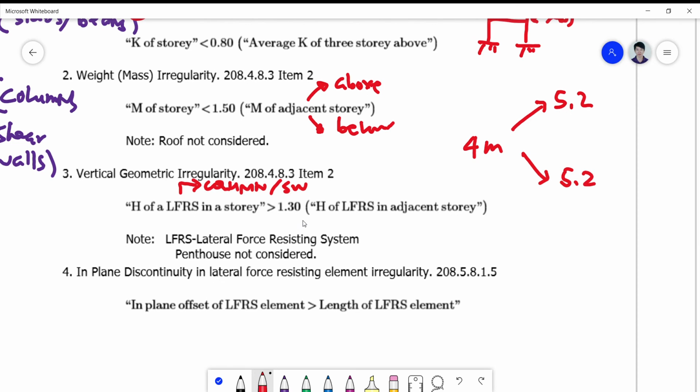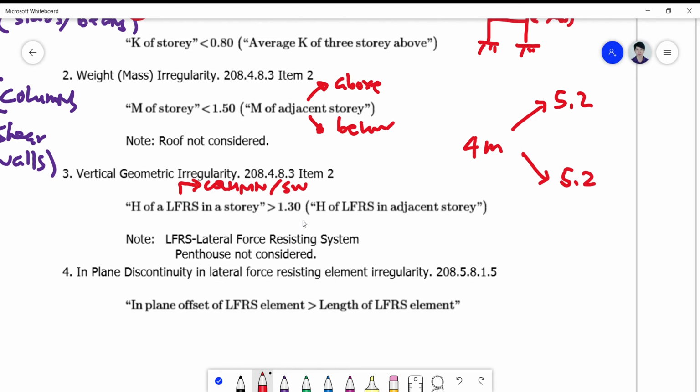Okay. So note that the LFRS, lateral force resisting system, does not mean penthouse as a part of your story. So those penthouses should not be considered, because sometimes penthouses are normally made on top of the roof, placed on top of your roof deck, and then the height must always be differently designed as far as the building's height or story height are concerned.